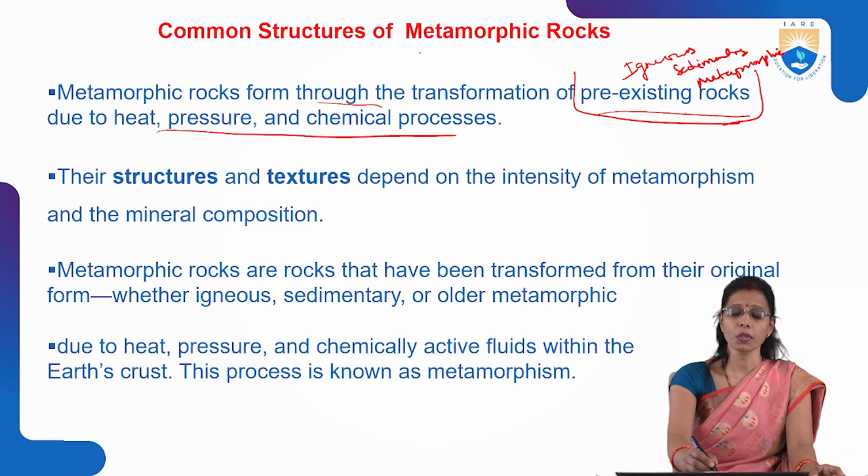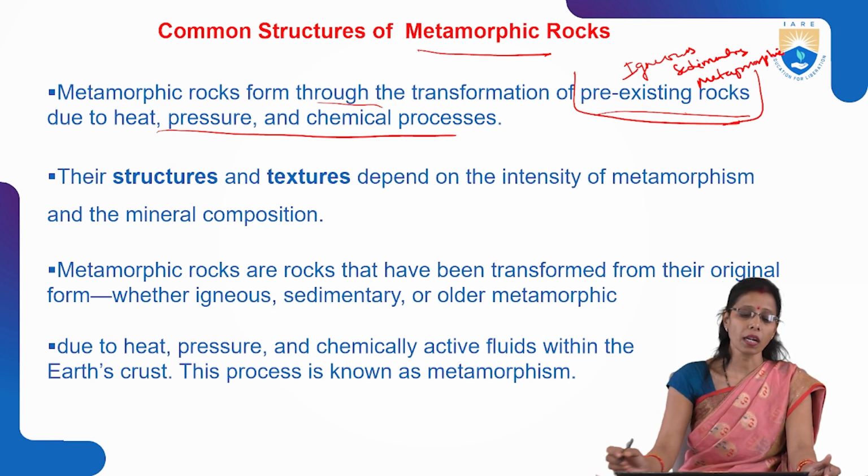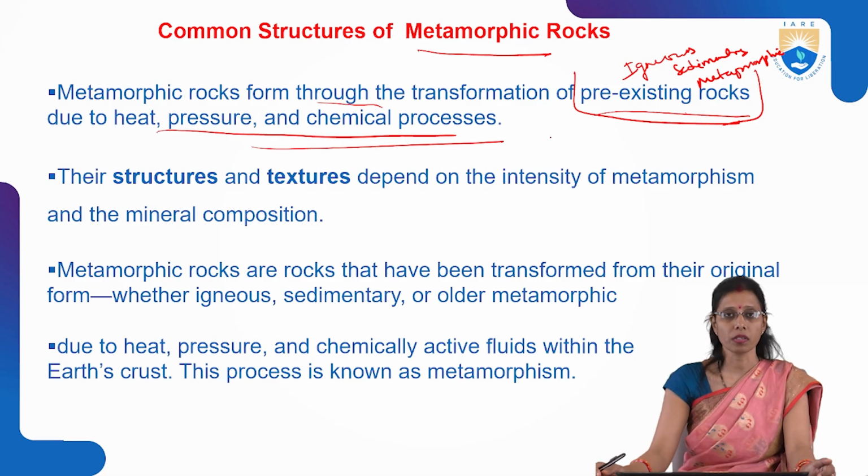So when you talk about a metamorphic rock, it is formed from a previously existing rock. The rock may already be in an igneous condition, a sedimentary condition, or a metamorphic condition. The parent rock is already available, and it goes through heat and pressure conditions with a chemical process. Then the new metamorphic rock is formed.